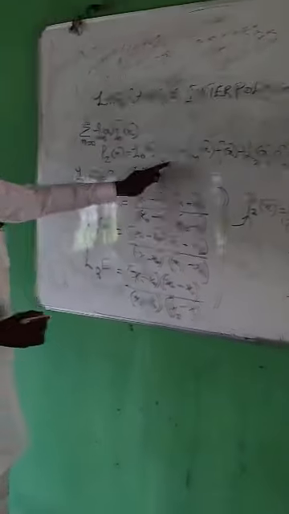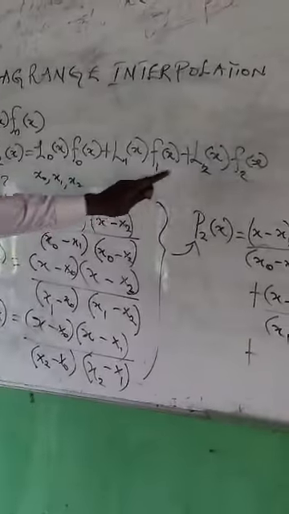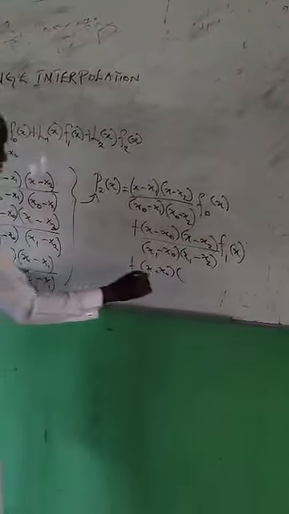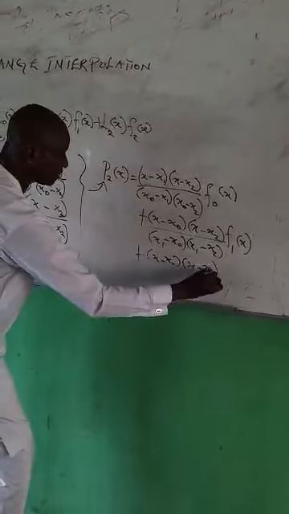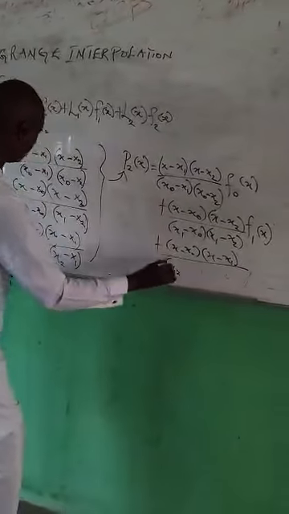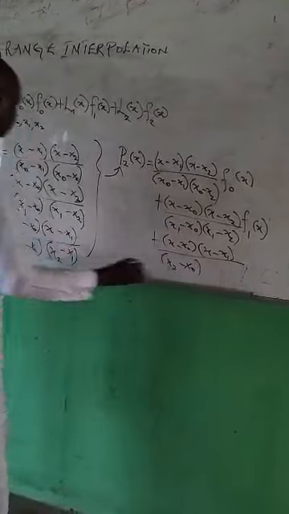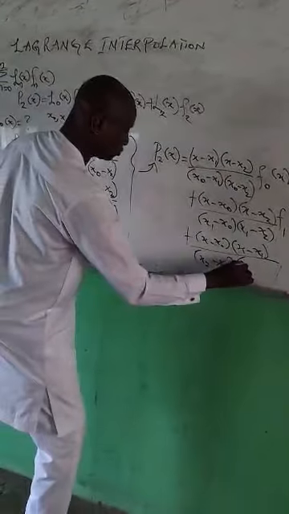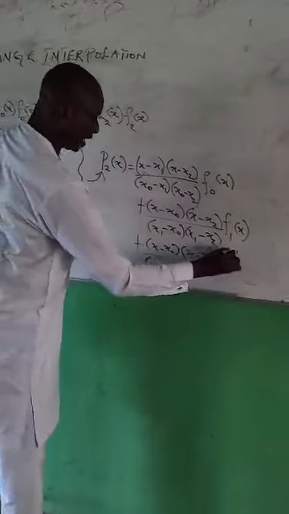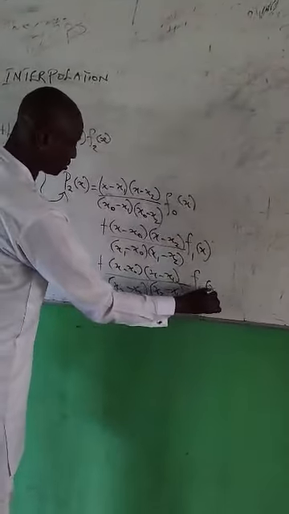as you can see, when I'm done with this, I go to this. So we're in the last stage now. We are going to take x minus x0 into x minus x1 that we have generated. Then you have x2 minus x0 into x2 minus x1, close, f subscript 2 of x.